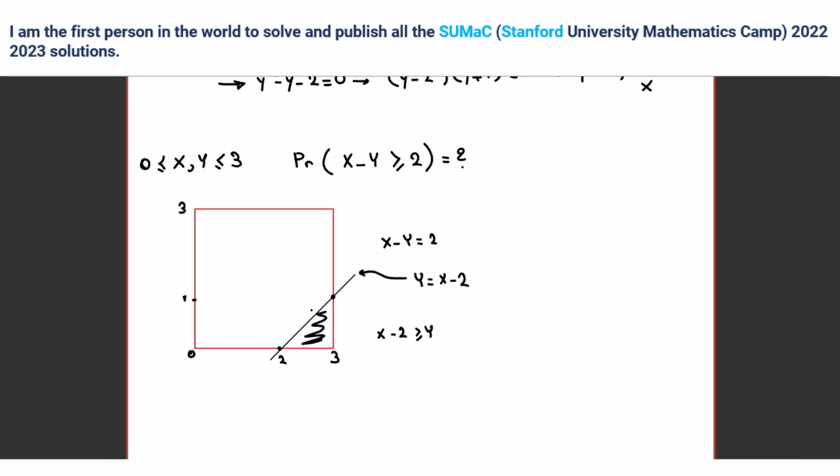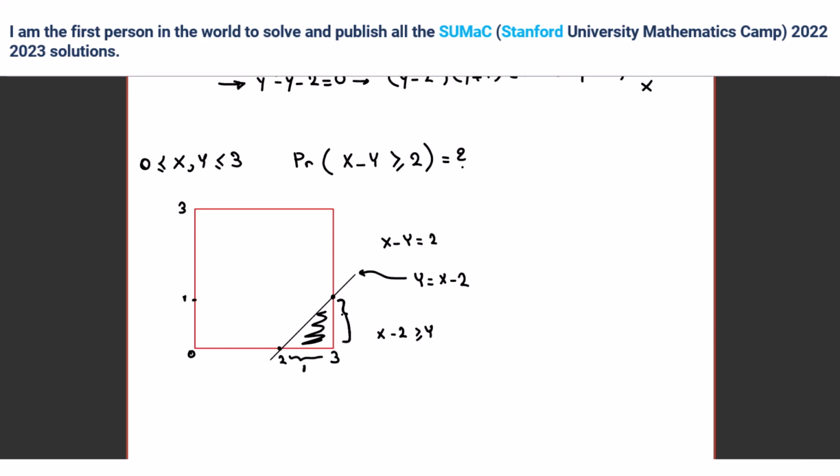1/9. Why 1/9? Because half times 2 times 2. That's the area. Why 2? Because this length is what? Oh, 1. Yeah, half times 2 times 1.